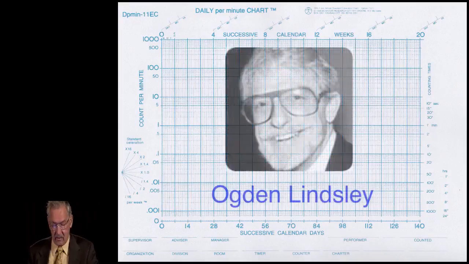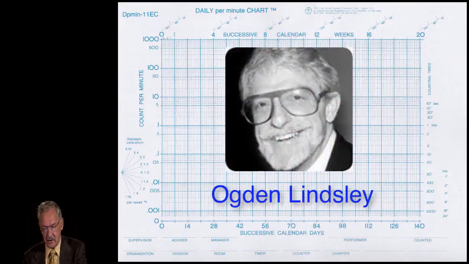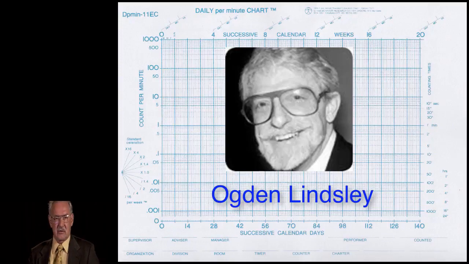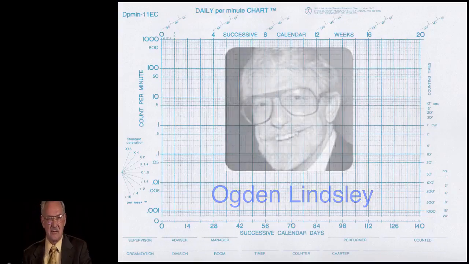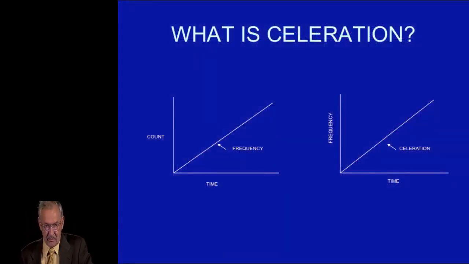Now, one of Skinner's premier students, Ogden Lindsley, developed an instrument for viewing frequency change over time. It stands to reason that if we're interested in the application of the behavioral science, we're probably interested in the most sensitive measure possible of behavior change.